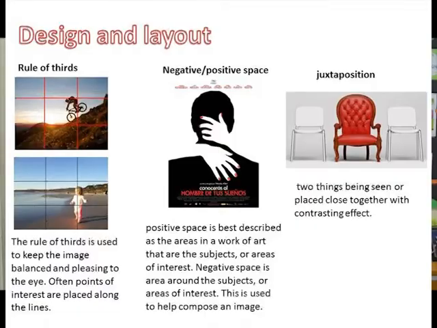You've got negative and positive space. Positive space are the areas of interest, and your negative space is sort of the empty space, if you like, that's just around that area of interest. But sometimes you can hide some meaning in that.